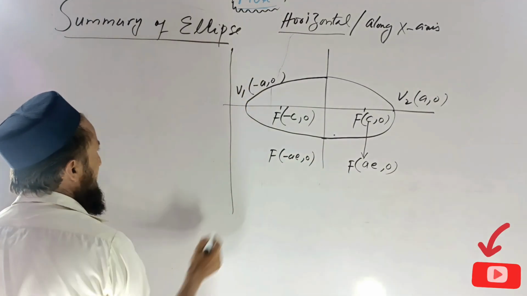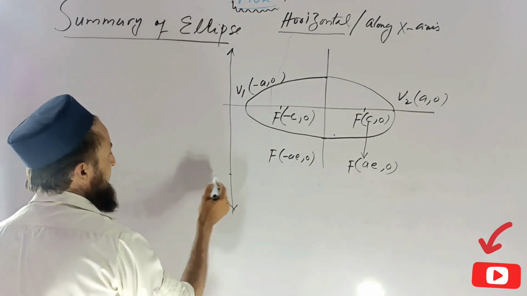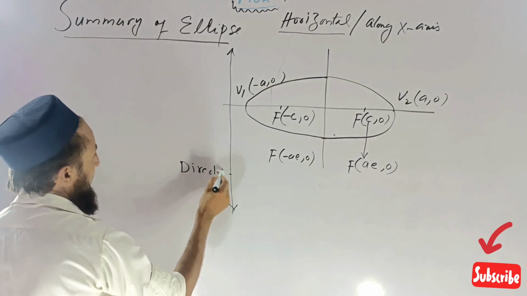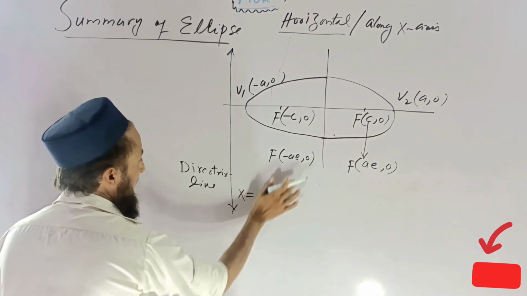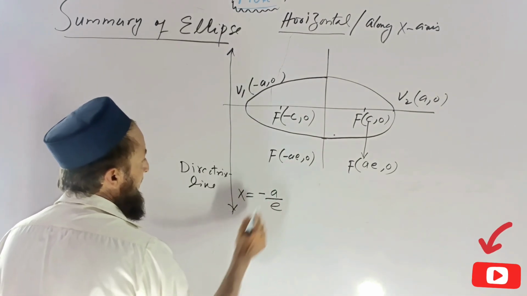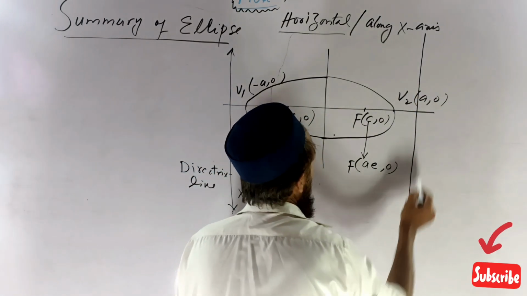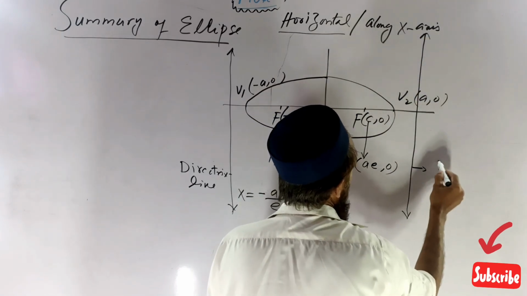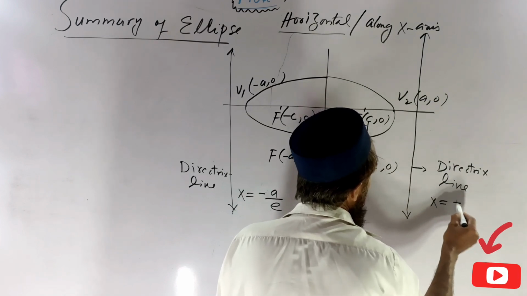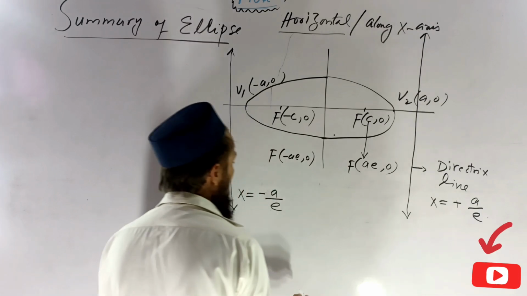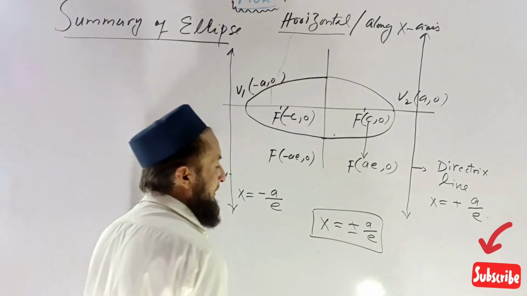Here the vertical lines are the directrix lines. The directrix line along the x-axis: x is equal to plus, here it is negative, so we put here A divided by E. And for the other directrix line, here we put x is equal to plus A divided by E. It means that if we put plus minus AE divided by E, that is the directrix along the x-axis.